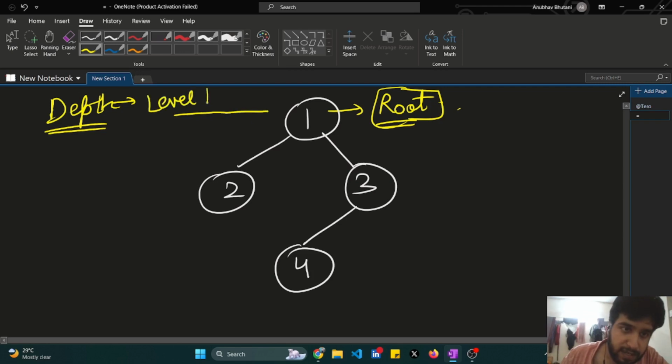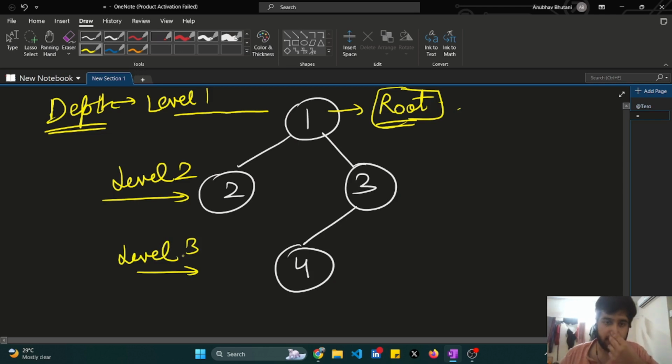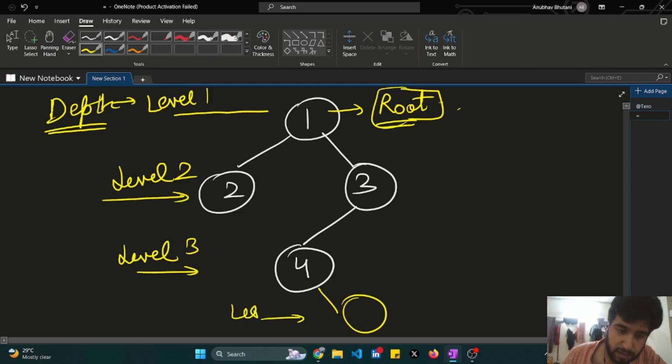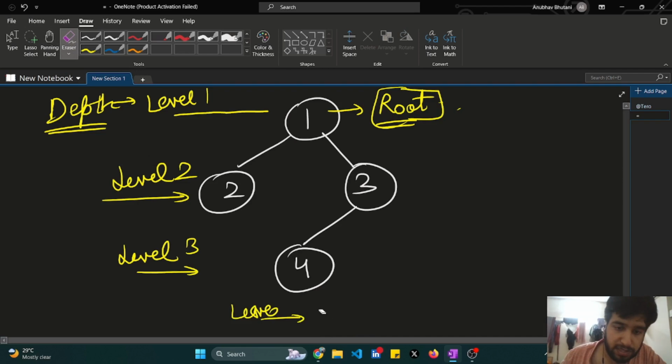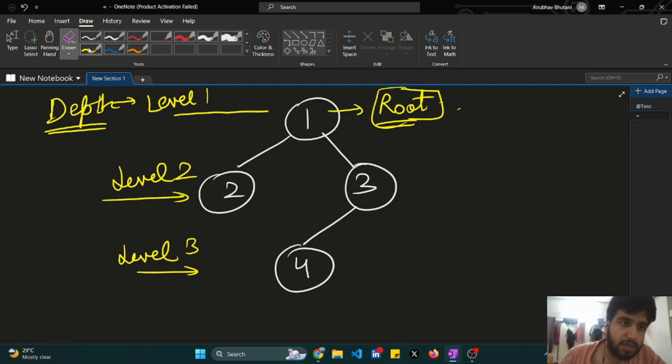This is level 1, this is level 2, this is level 3. If here comes one more node, then this is level 4, but we are not considering it for now. I hope you got the concept.